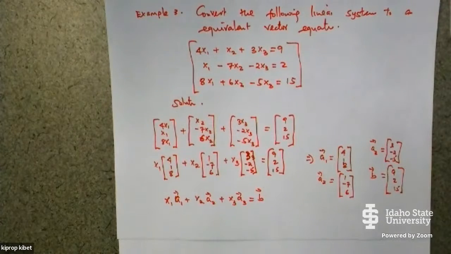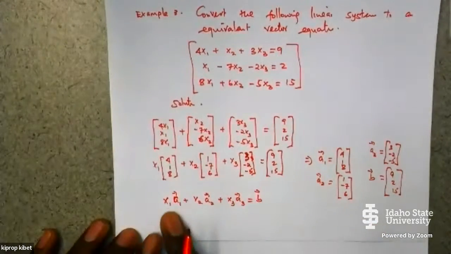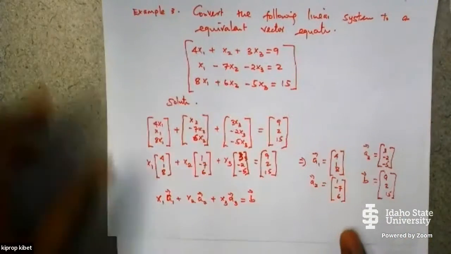Now, to write this in augmented matrix form, we take all of these vectors here.